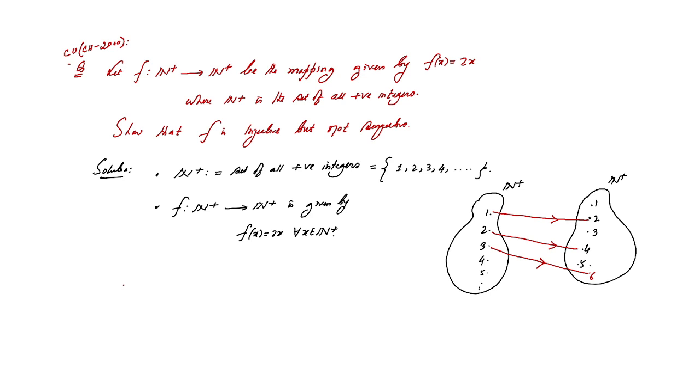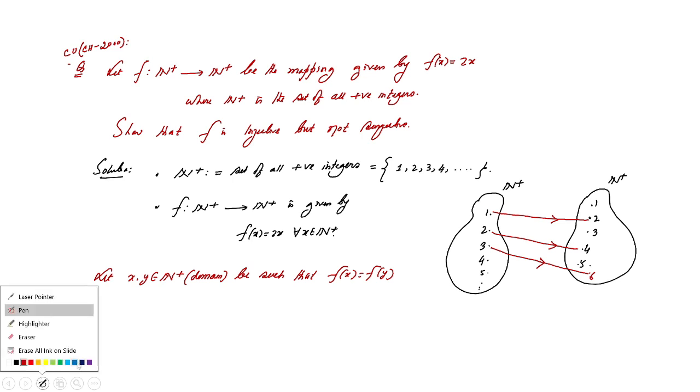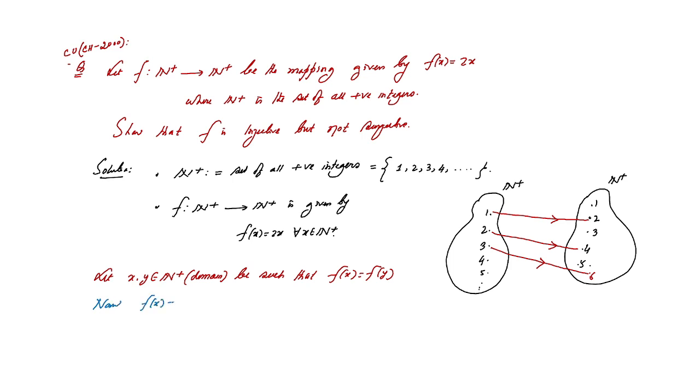For injectiveness, let x, y belong to N plus, the domain, be such that f of x equals f of y. Now, f of x equals f of y implies 2x equals 2y, that implies x equals y.